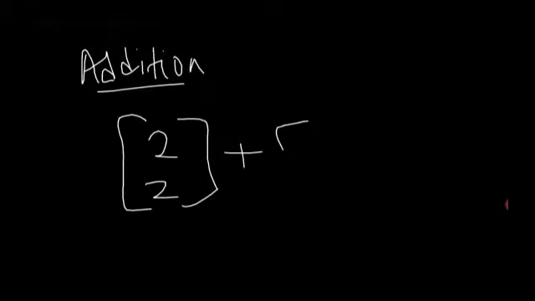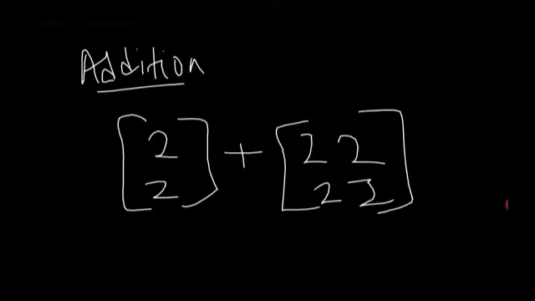So now we do addition of matrices. Addition of matrices is really easy. For addition of matrices, the first condition is that the two things we are adding have to have the same order, meaning we cannot add this, we cannot add this.